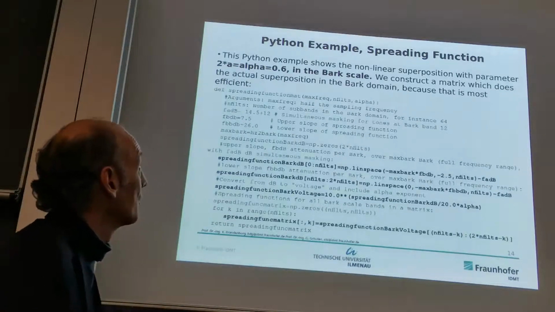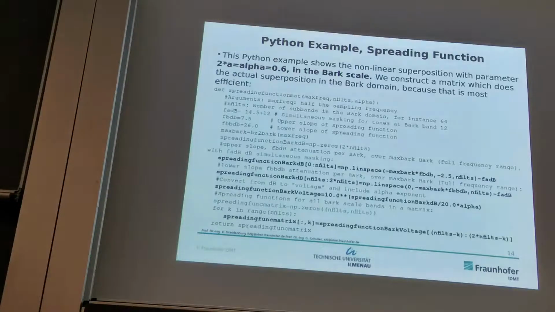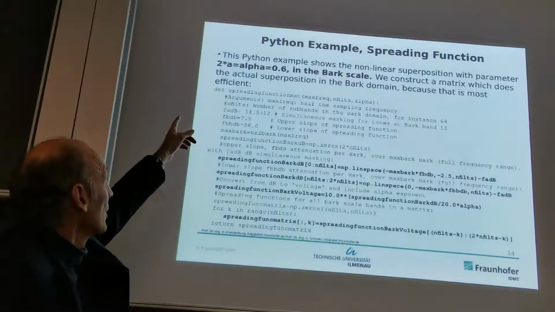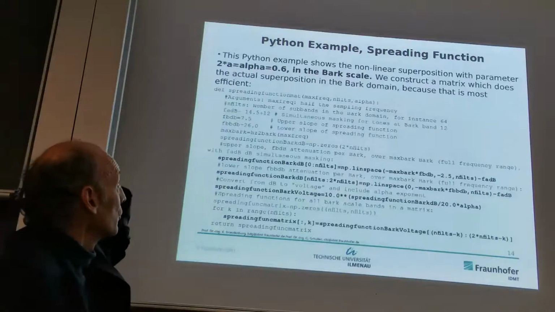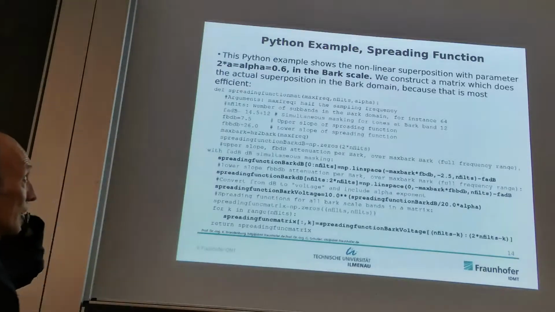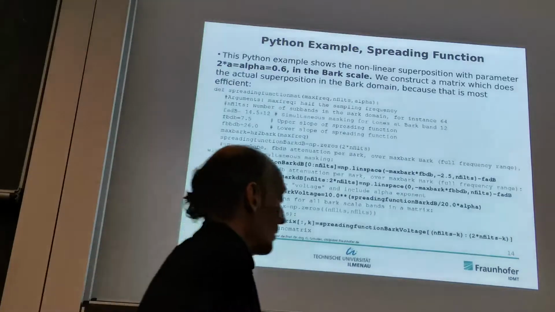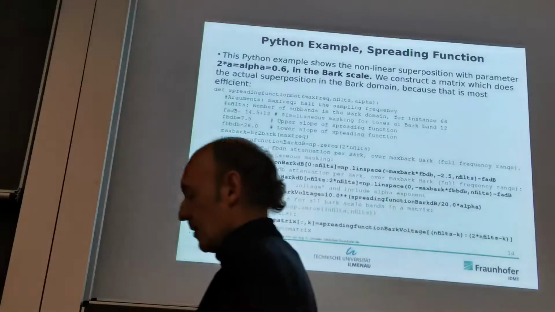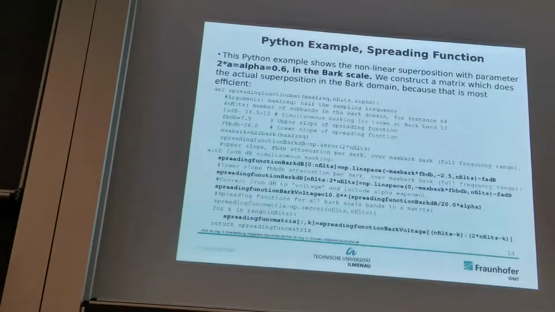Yeah, so we have a Python example here which shows the nonlinear superposition with parameter 2 alpha, 2a, which is alpha equals 0.6 in the bark scale. So this 2 comes from squaring our voltage. So power is voltage squared, and then we have this a. So we have 2 times a in the voltage domain. So you can see 0.6.